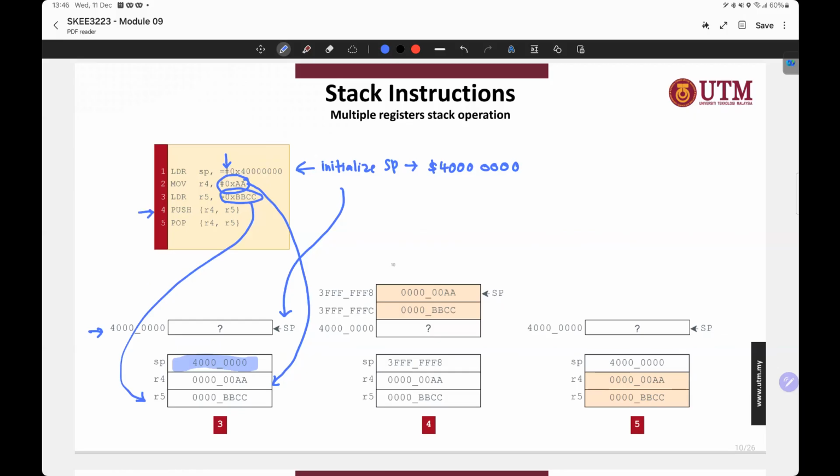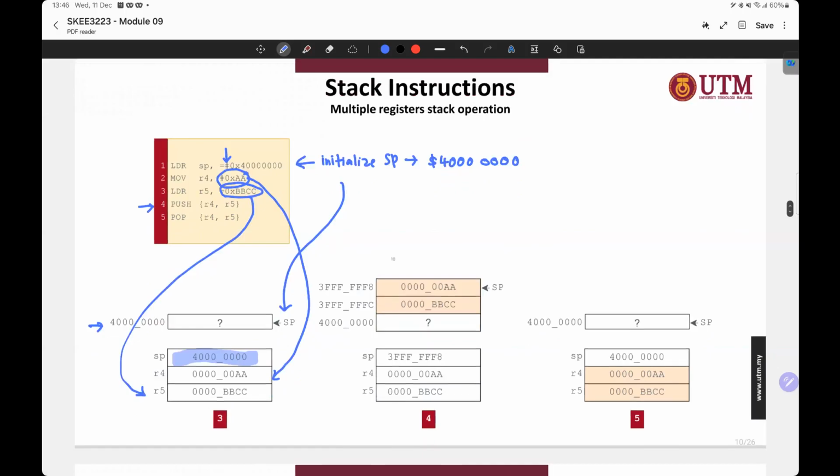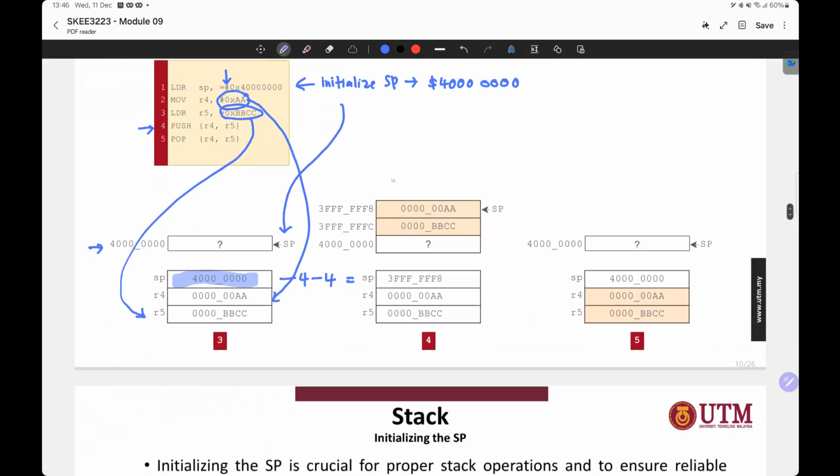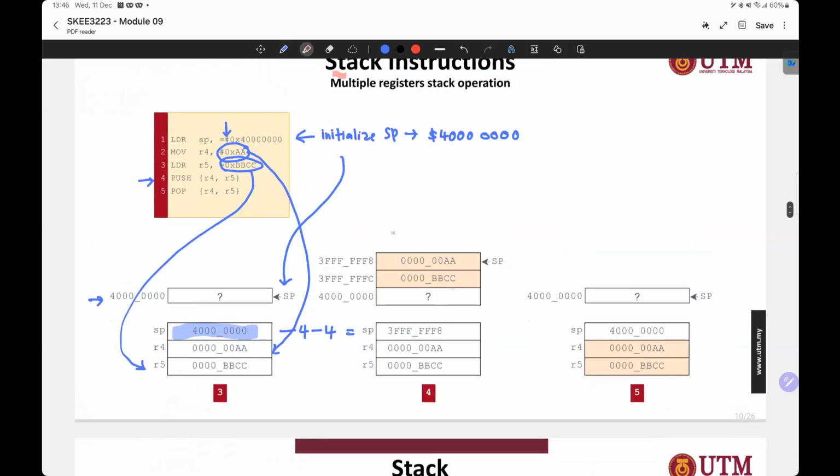After you -4 twice, the stack pointer now points to 3FFF8. -4 and -4 is equivalent to -8, equal to this value 3FFF8, and SP points to this address.